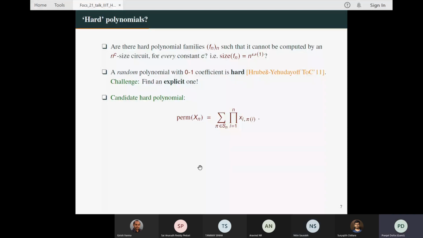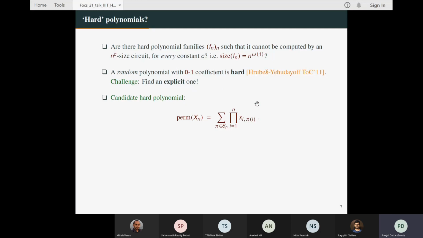Yeah. So now the point is that this is the permanent. One of the candidate polynomials is the permanent, and the permanent has all coefficients 1. So think of the permanent as a polynomial with 0-1 coefficients: there are some monomials there with coefficient 1, and some monomials which are not there, which is essentially 0.